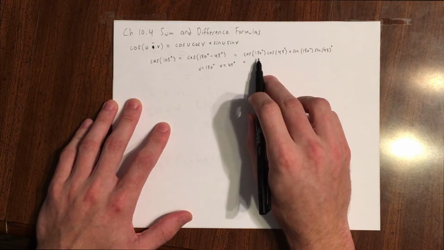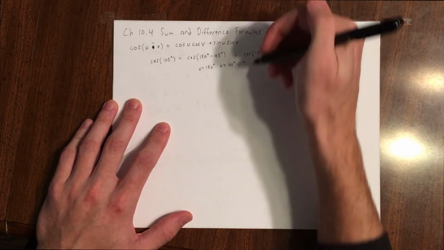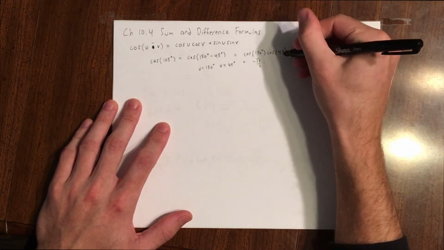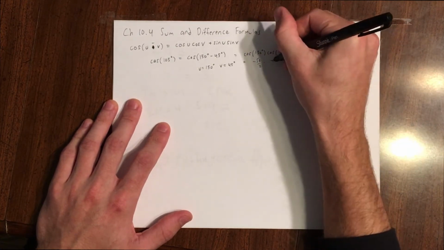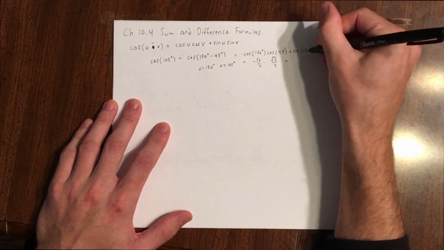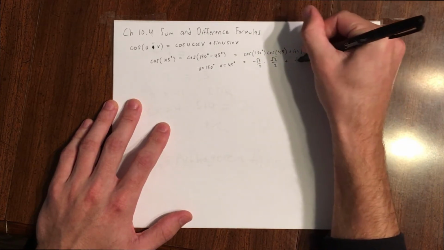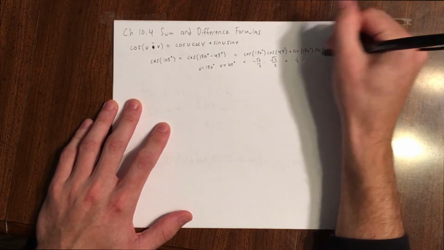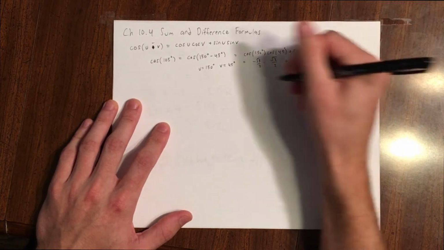So cosine of 150, that's going to be negative square root of 3 over 2. It's going to be multiplied times cosine of 45, which is square root of 2 over 2. And we have plus, see the y value here would be 1/2 at 150, multiplied times, see the square root of 2 over 2 again.